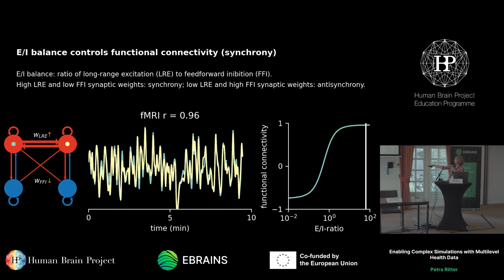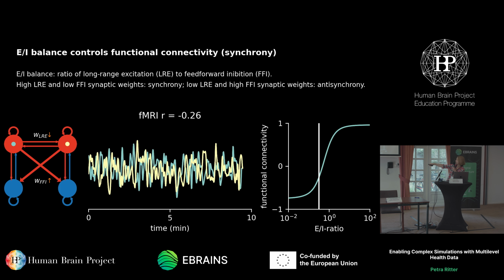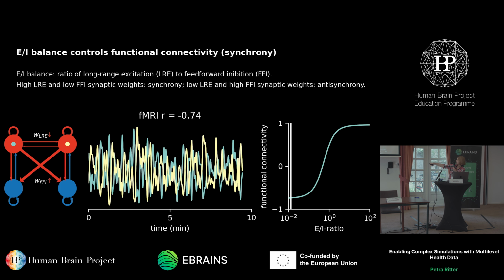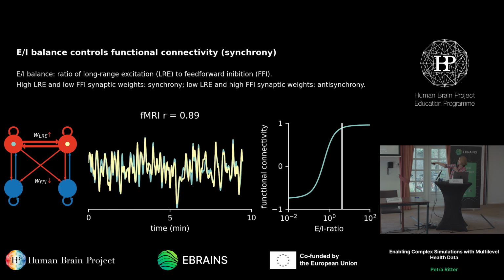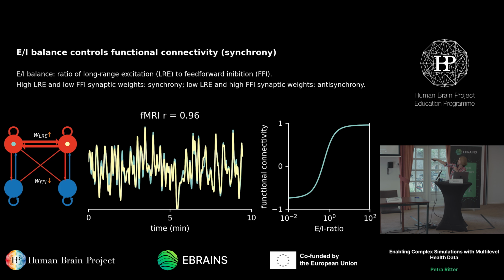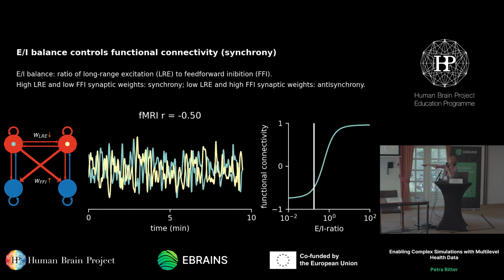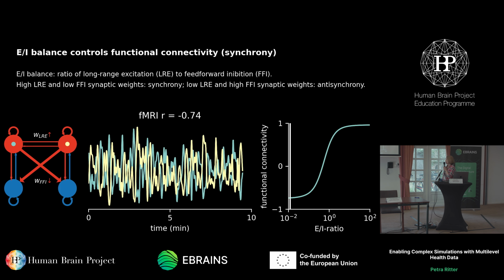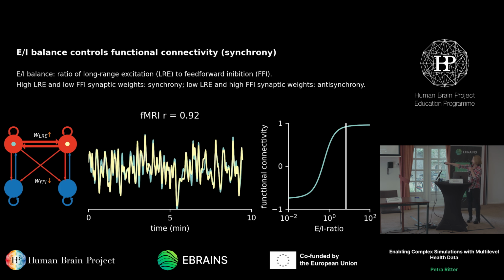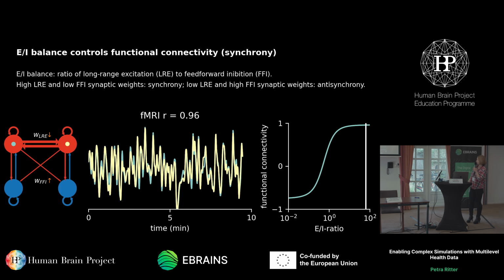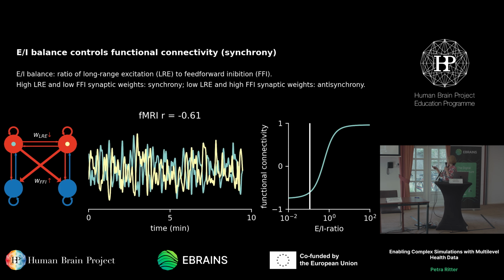If we start with a low EI ratio, we have an anti-correlation, then we go up, then we get no correlation here, and we go further up with the EI ratio, we get a strong positive correlation of the signals. And this is basically the degree of synchronicity: anti-correlation and correlation versus no correlation. So with tuning the EI ratio, it is possible to tune the functional connectivity between all the region pairs.